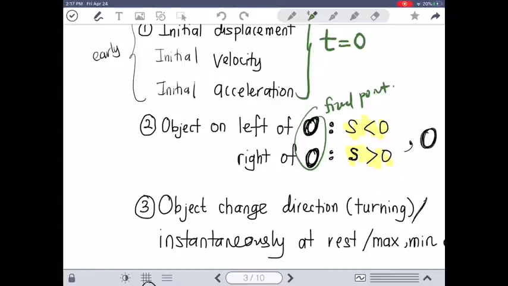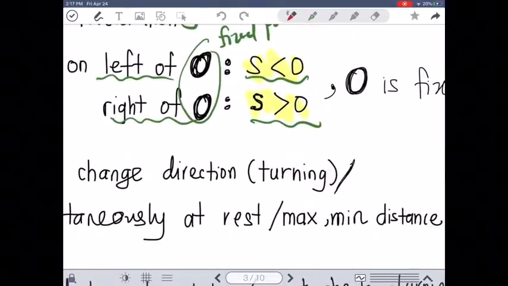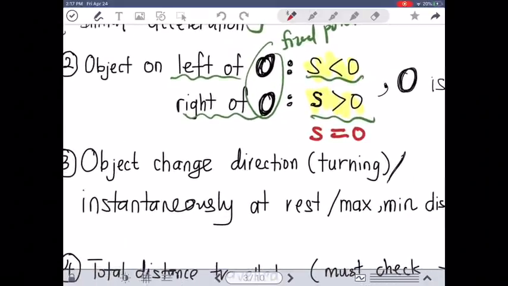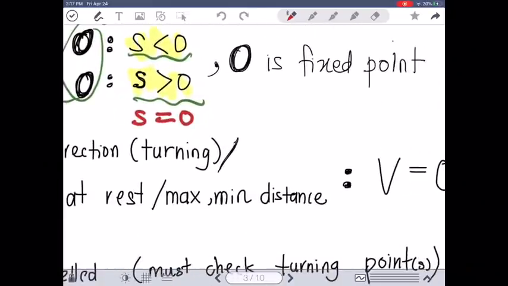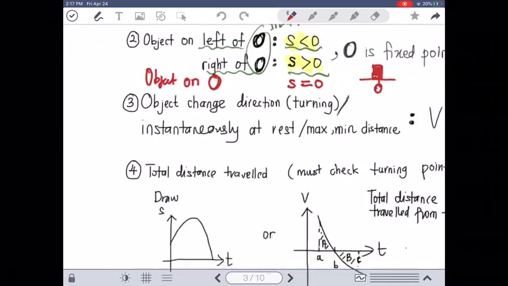So S less than 0, object on the left of O. S greater than 0, object is on the right of O. And I forgot to add another one. If S equals 0, then the object is on O, lying exactly on the fixed point O.